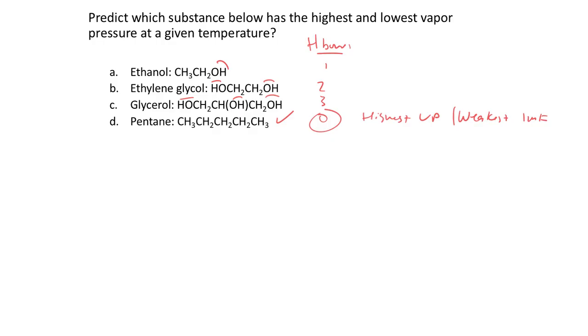And then, of course, the inverse, the strongest intermolecular force should be the one that has 3 hydrogen bonds, and it's also the largest overall. It picks up an extra CH group on it, so a little bit more dispersion force. So glycerol should be the strongest. So this should have the lowest vapor pressure and the strongest intermolecular force.